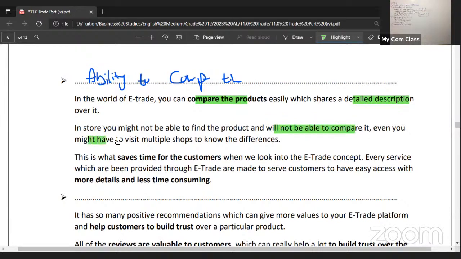You might even have to visit multiple shops to know the differences. So this saves time for the customers. When we look into the e-trade concept, every service provided through e-trade is made to serve customers to have easy access with more details and less time consuming.